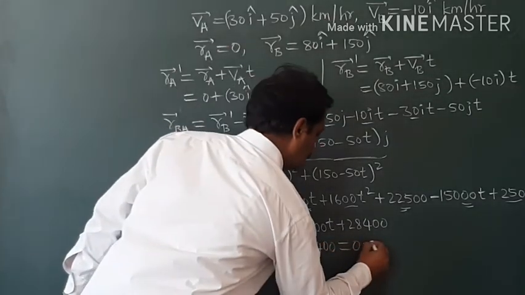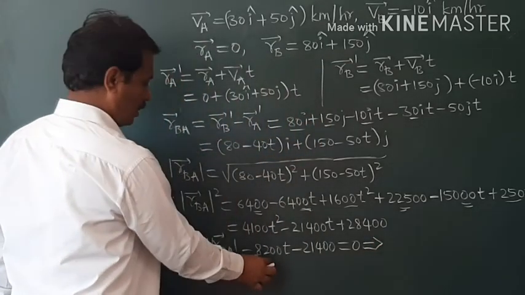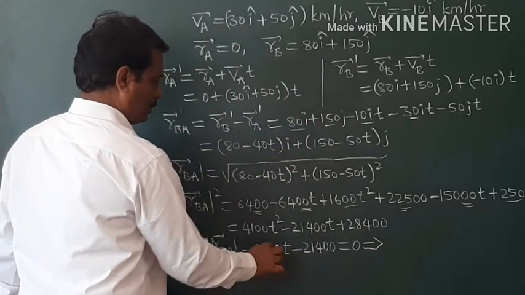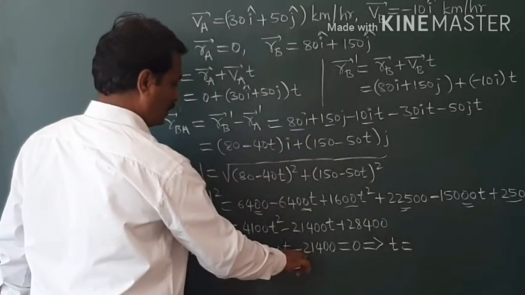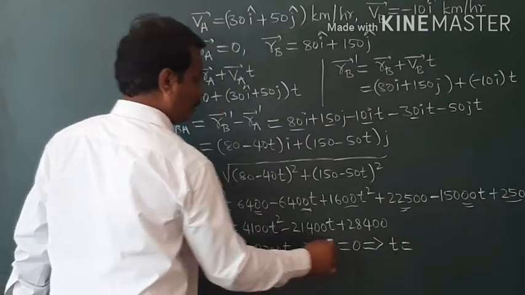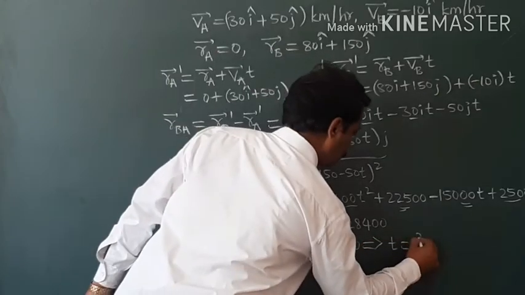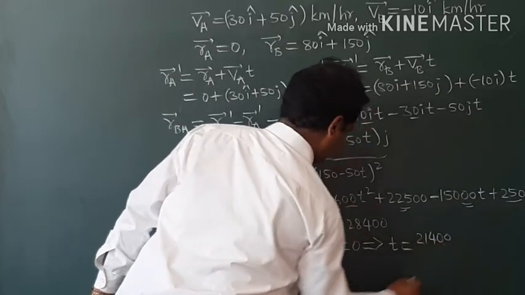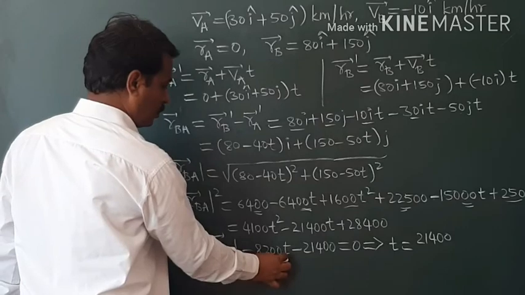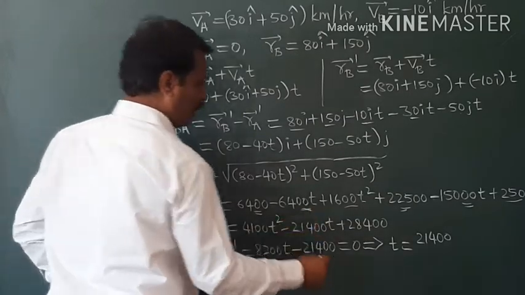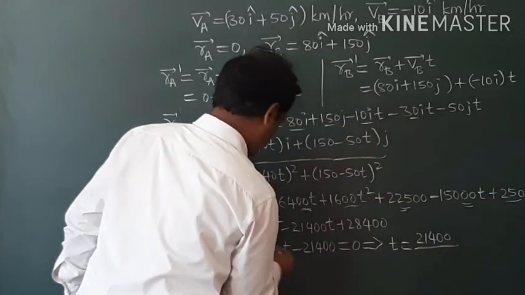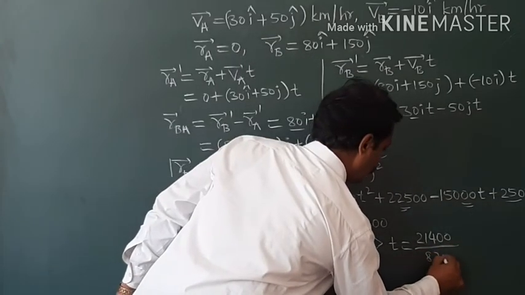So this implies t is equal to, if I send it to the right side, it becomes plus 21,400, and here it is 8,200 into t. So if I send it to the other side, it becomes division, divided by 8,200.